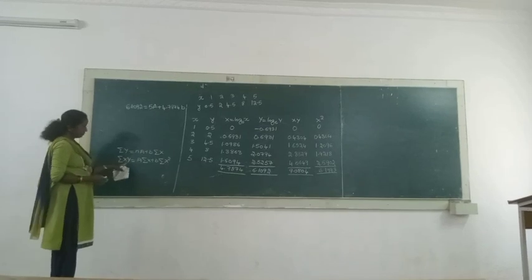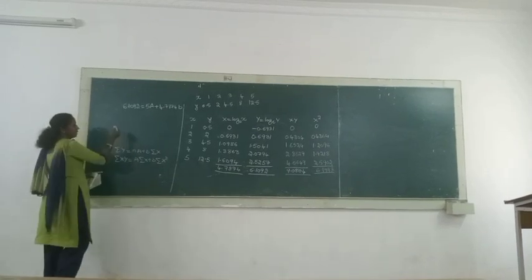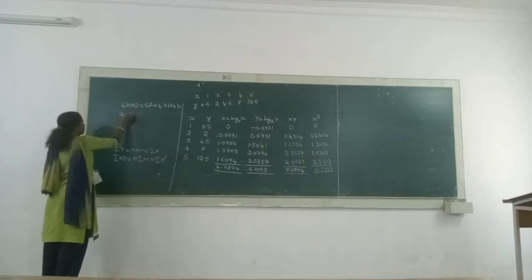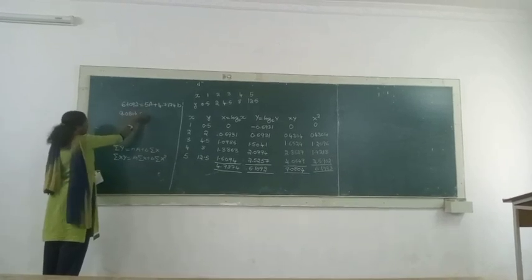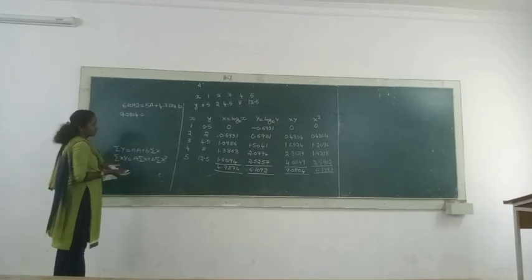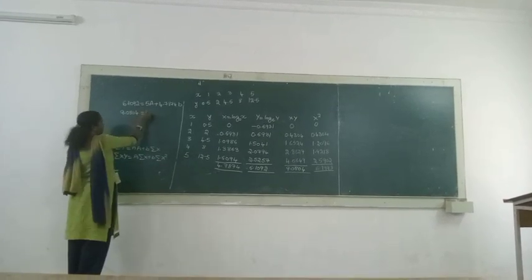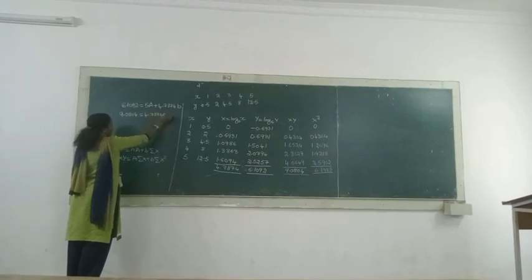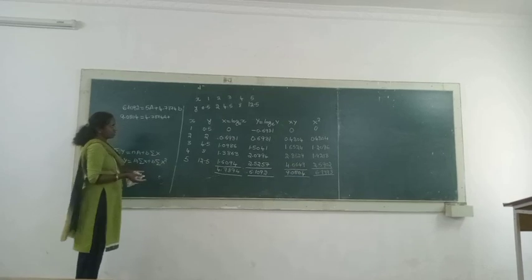The second normal equation is summation XY, 9.0804, which is equal to A into summation X, that is 4.7874 into A, plus b into summation X square.